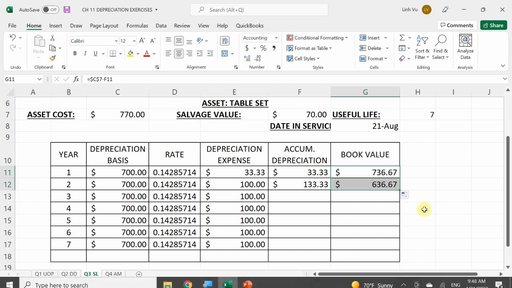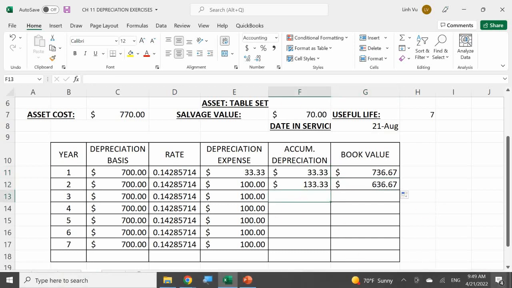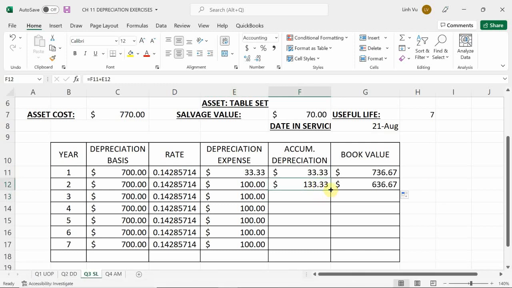636.67. Okay. What about my accumulated depreciation for year 3? So 133.33 is my previous year's.